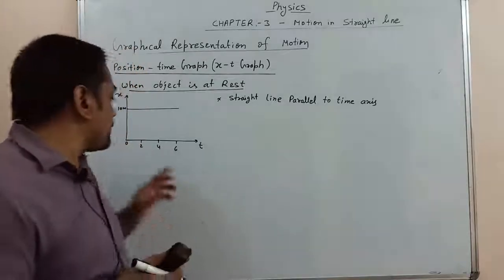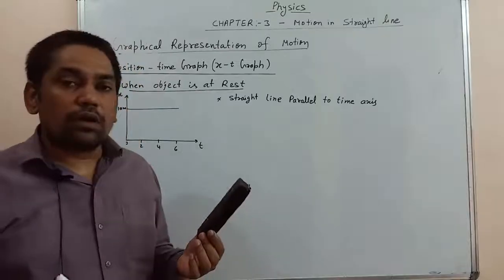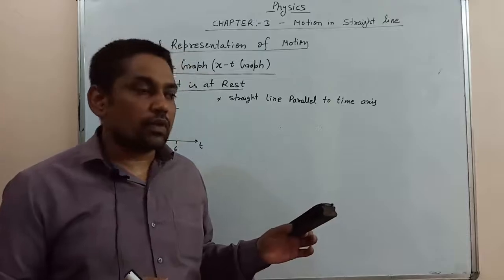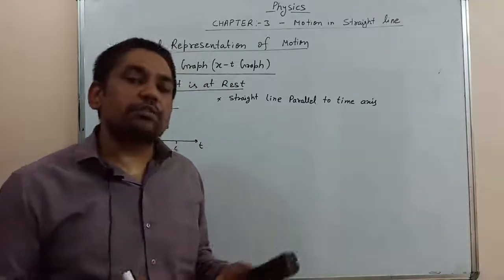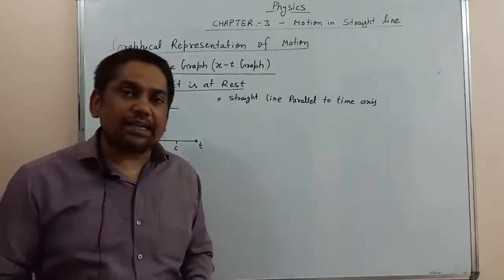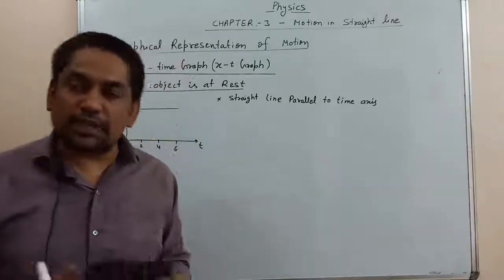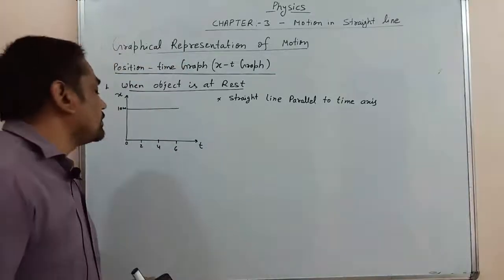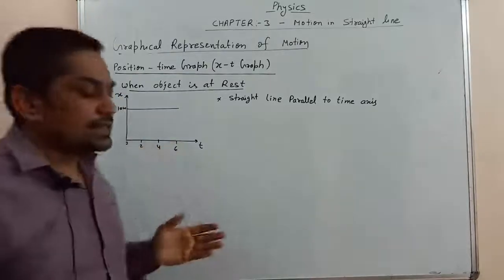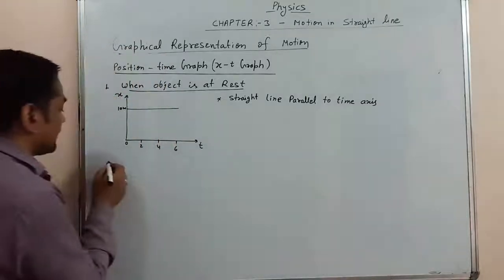If the duster is not moving, then the displacement remains 10 meters. So we can say that the duster is at rest with respect to me, with respect to the surroundings. So a straight line parallel to the time axis represents that the object is at rest.